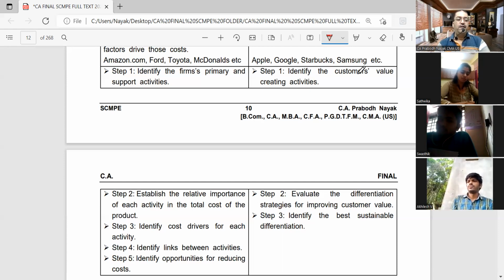When a company realizes and understands its inefficient activities and related cost drivers it can plan how to improve them.